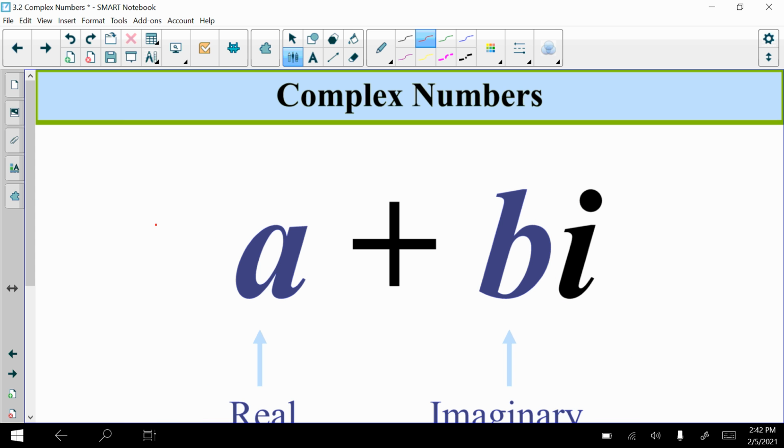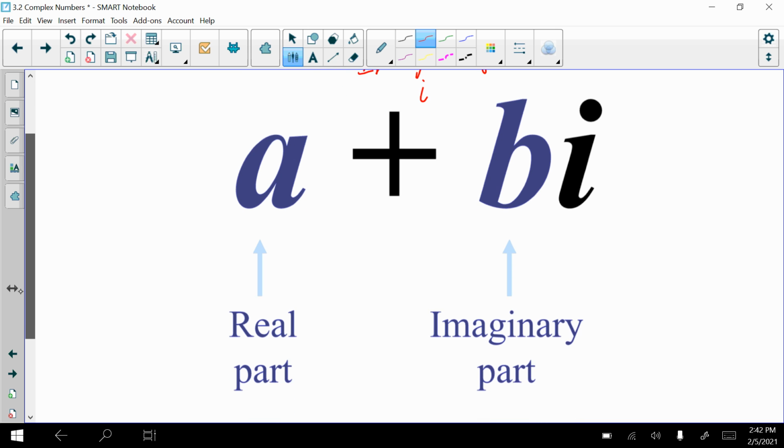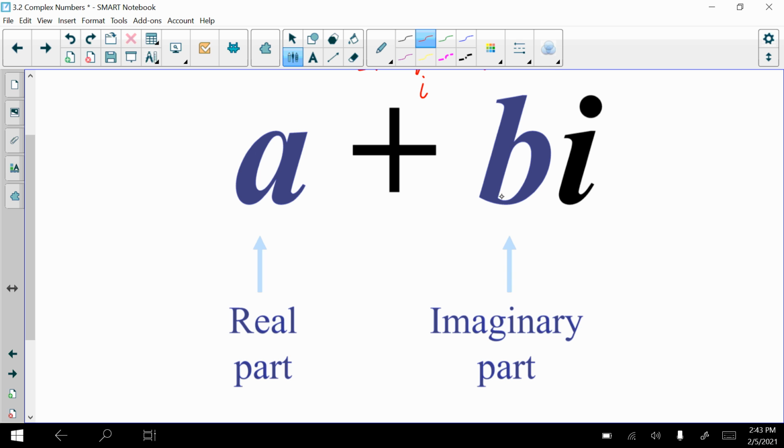All right, a couple more things in this video. When we write complex numbers, remember that's just another word for imaginary numbers, or numbers that involve an i. This is what we call the standard form of an imaginary number. Like I said, the plus or the minus will be in the middle, and the imaginary part, the part that includes the i, is always going to be written second, okay?